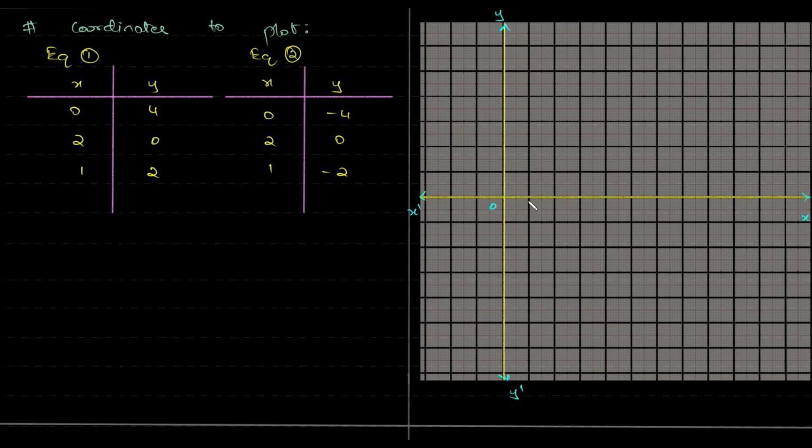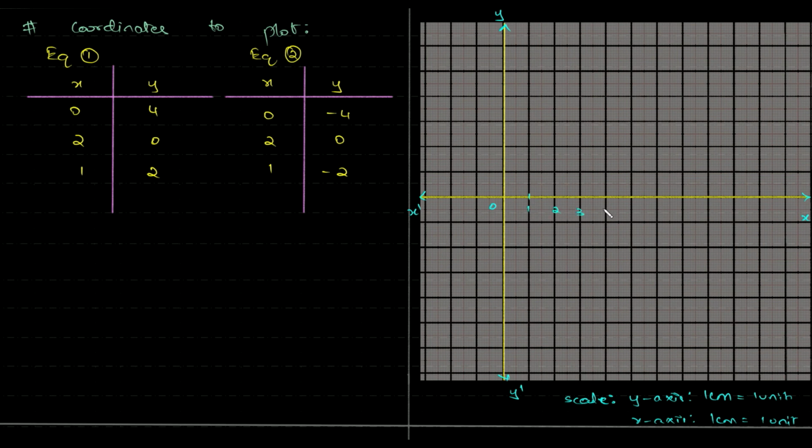Last time I missed out the scale, so I'll put the scale over here, and you can do that on your graph sheet itself. So the y-axis is how much? Every centimeter I'll take as 1 unit, and the x-axis the same. I can take 2, I think that will also be okay, but let me not risk it.